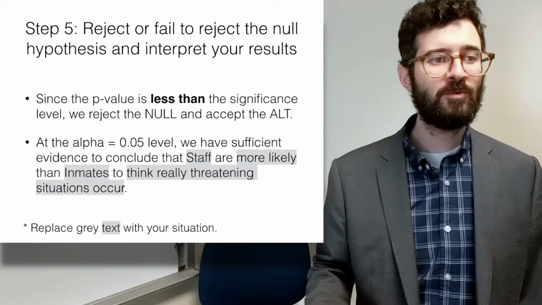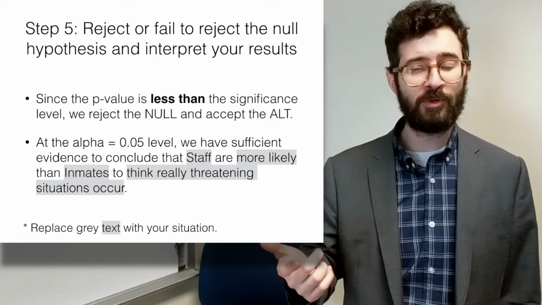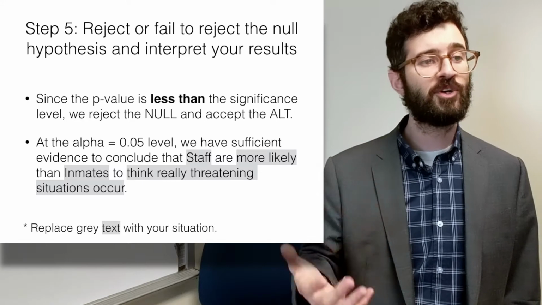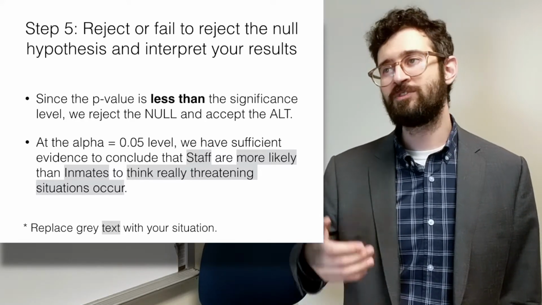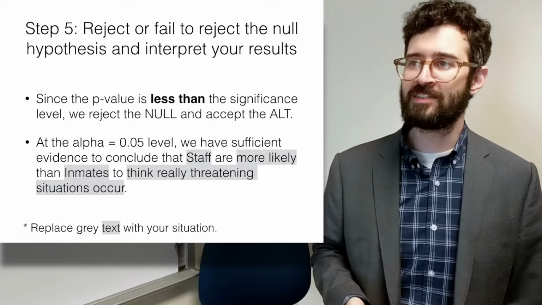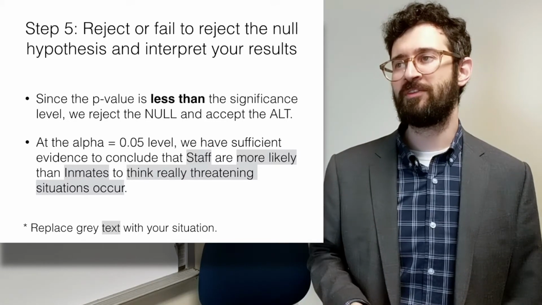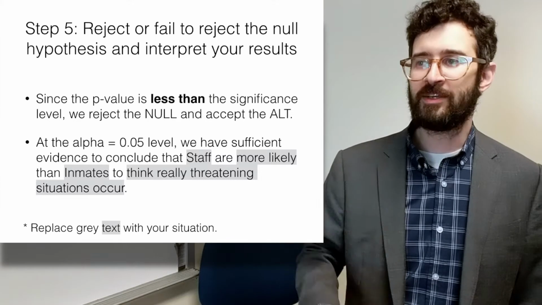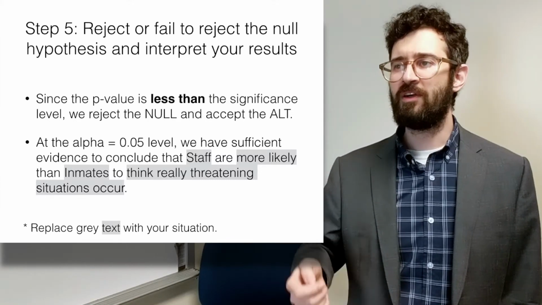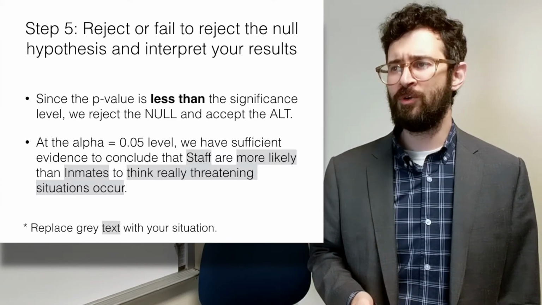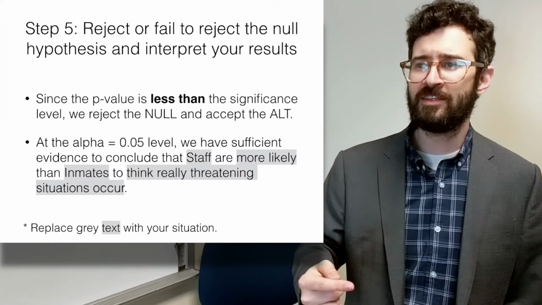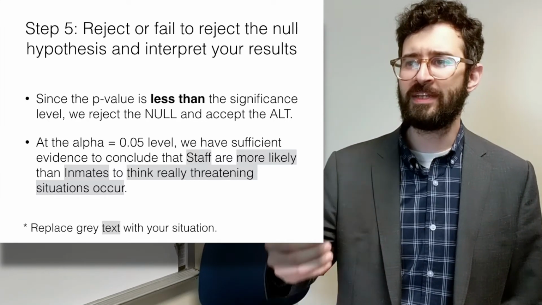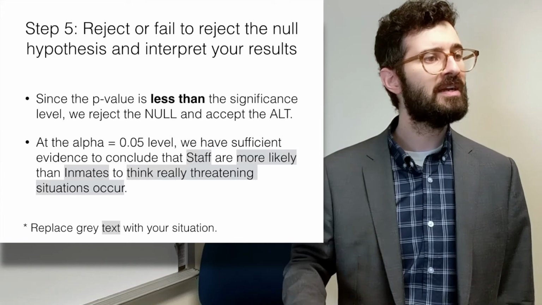Step 5, we then reject or fail to reject the null hypothesis and interpret our results. So since the p-value is less than the significance level, we reject the null hypothesis and accept the alternative. So at the alpha equals 0.05 level, we have sufficient evidence to conclude that staff are more likely than inmates to think really threatening situations occur at their facility.